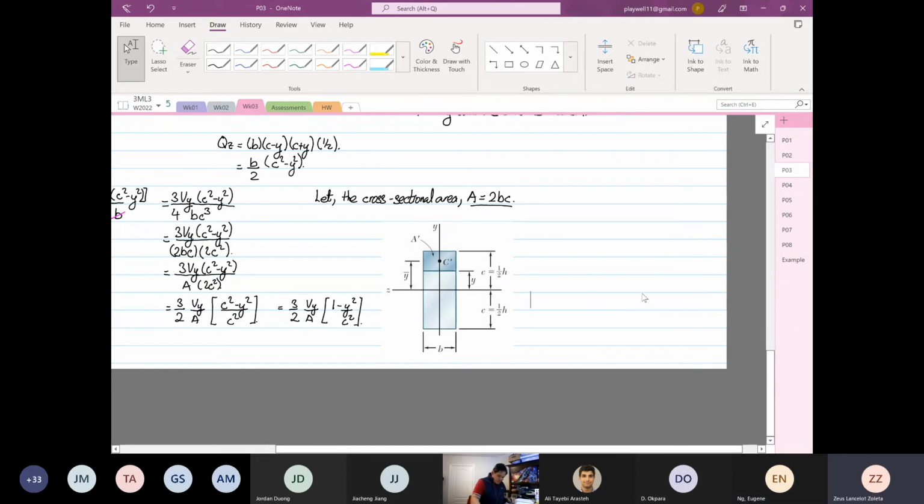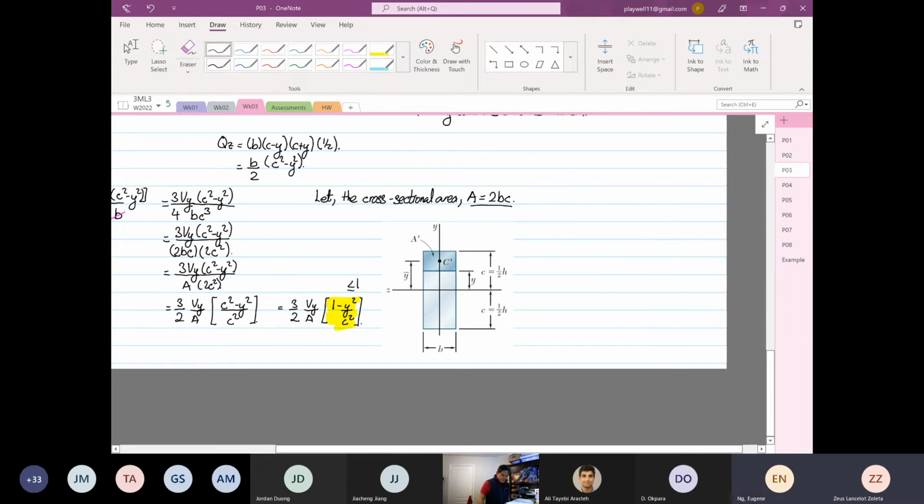So what does this actually mean? We look at the expression over there. This multiplier is always less than or equal to 1.